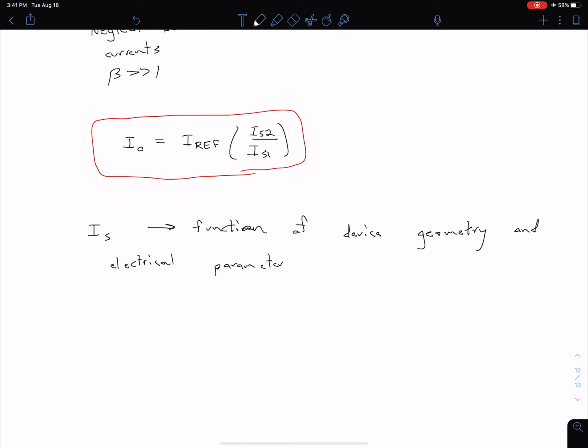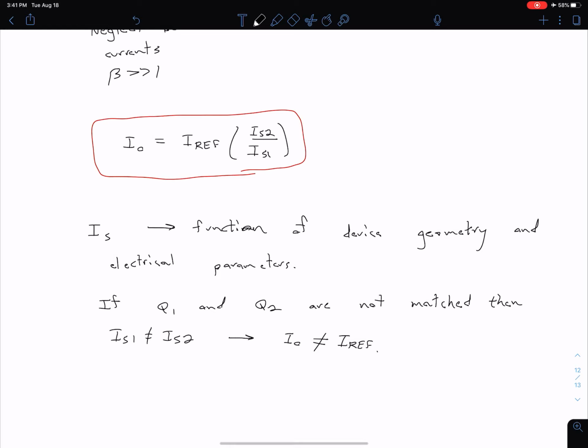What that means is that if Q1 and Q2 are not matched, meaning mismatched, then IS1 is not equal to IS2. And so our I naught is not equal to our Iref. That's what we can see from our red boxed equation above.